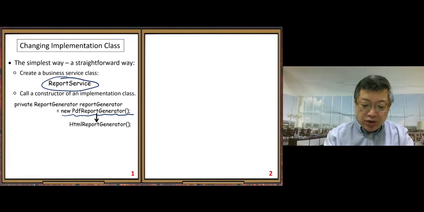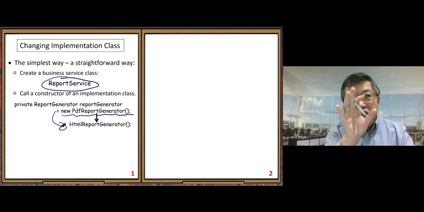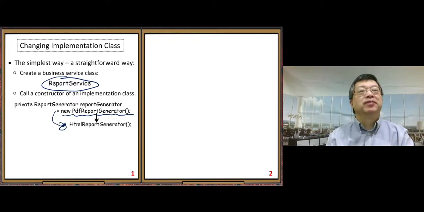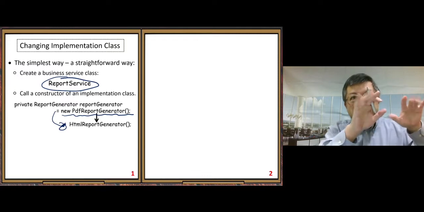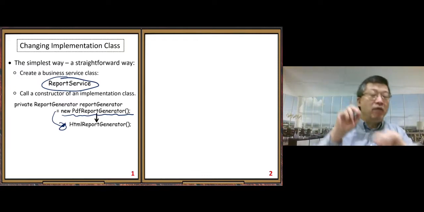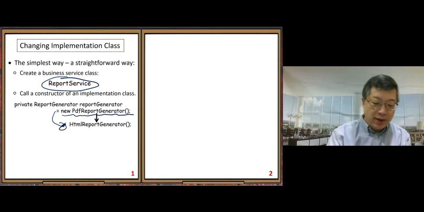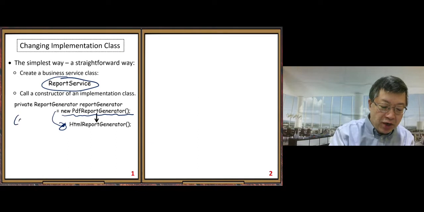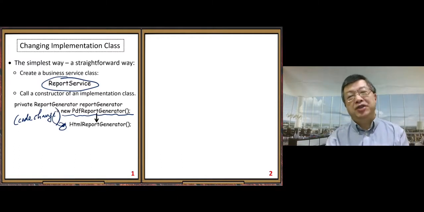Similarly, if we want to switch to a different report, we need to switch the class name. Visually, you can see the change. But to make that change happen, you need to edit your Java code. This is a basic property of this solution.